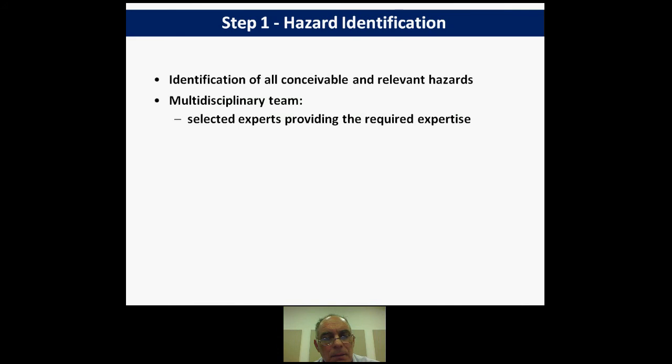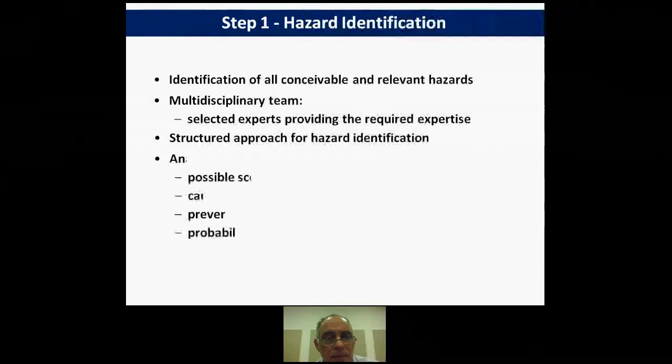So it's a brainstorming exercise in terms of everybody coming together and sharing their thoughts about how can a hazard occur and what will be the factors which will create foundations leading to such a hazard and possible consequences. In any case, it is a structured approach.